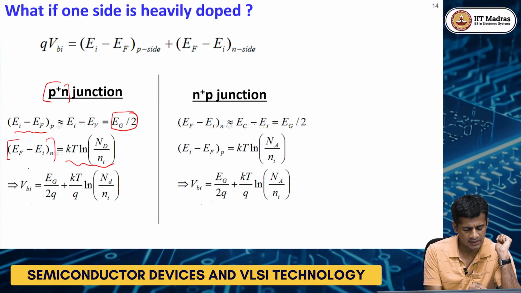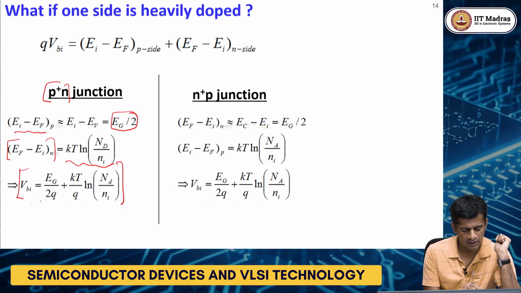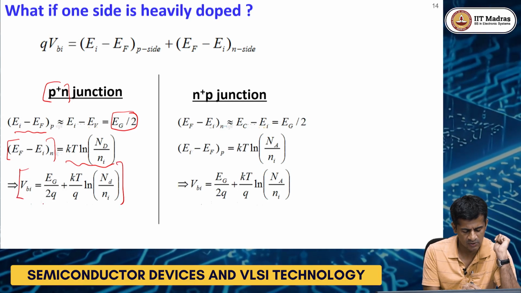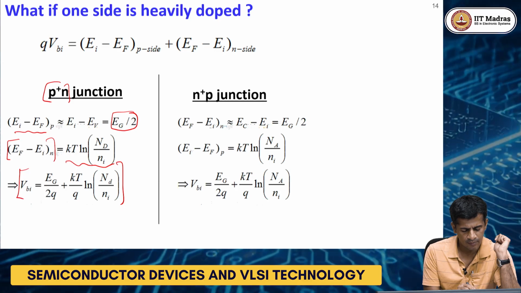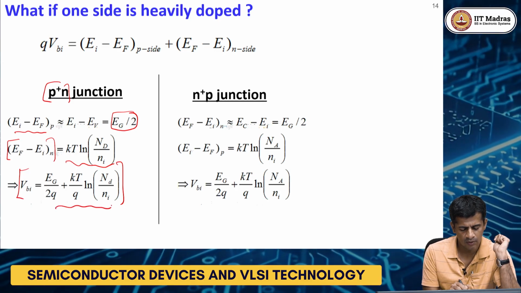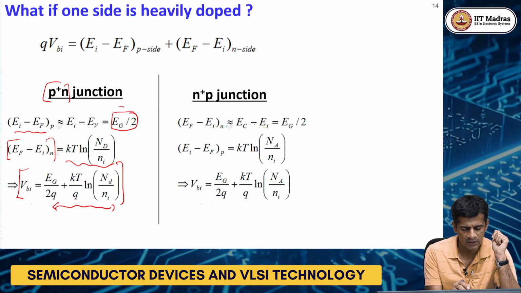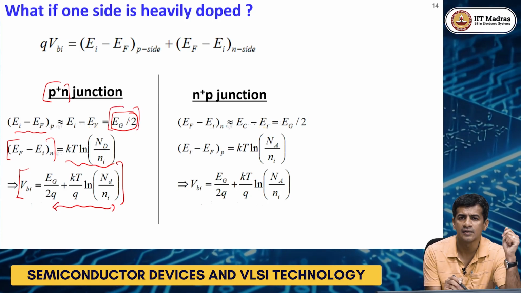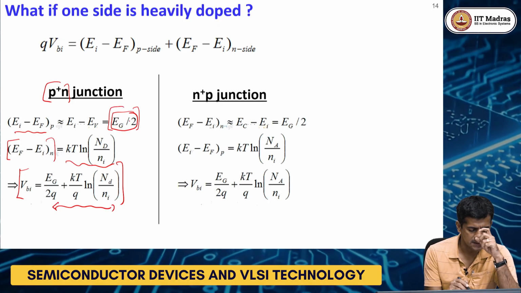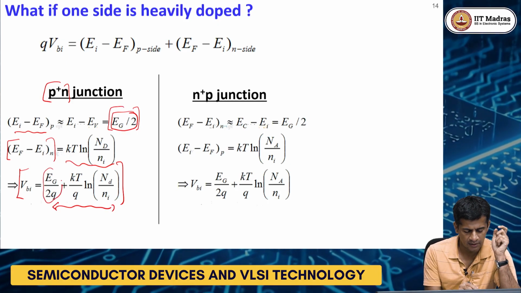So in this case, VBI is Eg by 2q plus kT by q ln of this term. We are assuming the Fermi level is inside the valence band for the p-type region here. That is why this term is coming here.